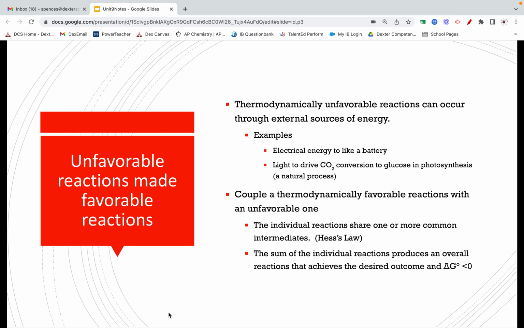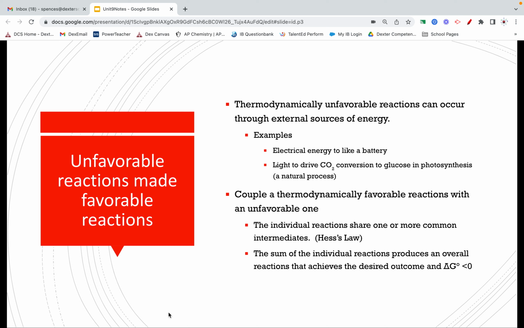They react at the same time with a common species, and we can make that unfavorable reaction occur. It's used a lot in industry so that we can create a reaction that actually gets us our material in a decent time.